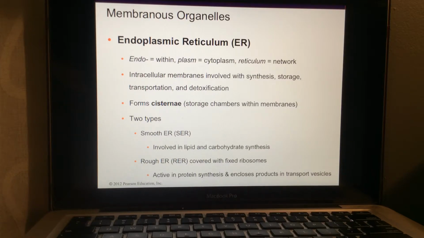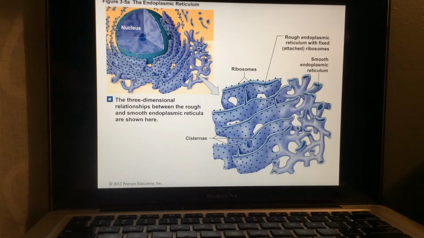So it's very important that we have functioning endoplasmic reticulum. Here you can see a picture of them very close to the nucleus, because again, we need that DNA out of the nucleus to help create the template for proteins. So you need to be really close to it so that you have this information.